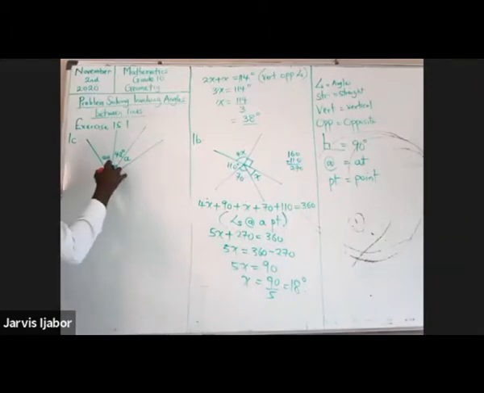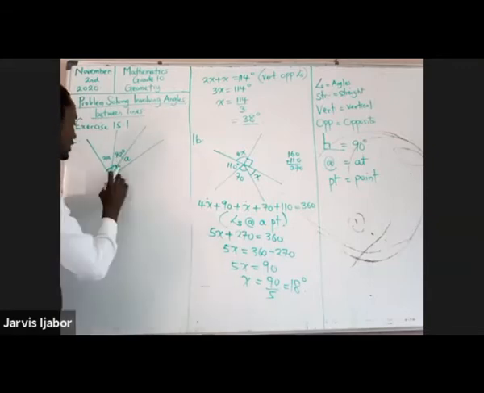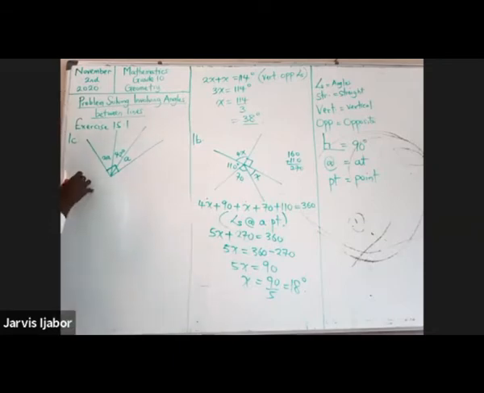Now, remember that if angles sum up to 90 degrees, we said that the angles are said to be what? Complementary. So 2A plus 42 plus A will be equal to 90 degrees.